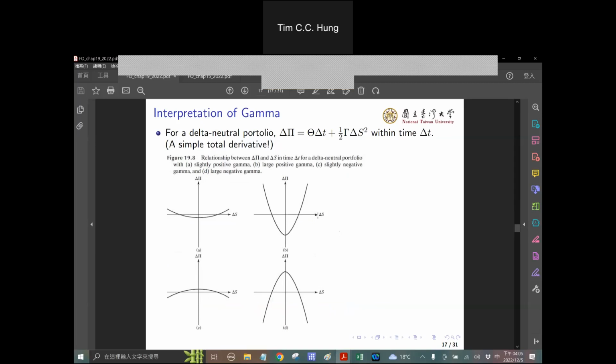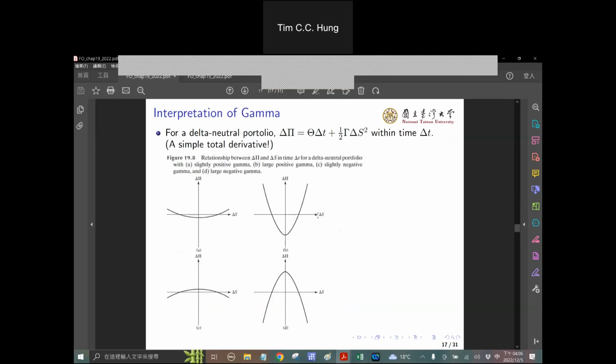Gamma is expressed as the second derivative of the underlying asset, the underlying options, or the value of a portfolio's change in second order with respect to the price. So you can also consider it as if we're taking a derivative of pi over s, a delta of our portfolio over s. You can also understand that way as well.